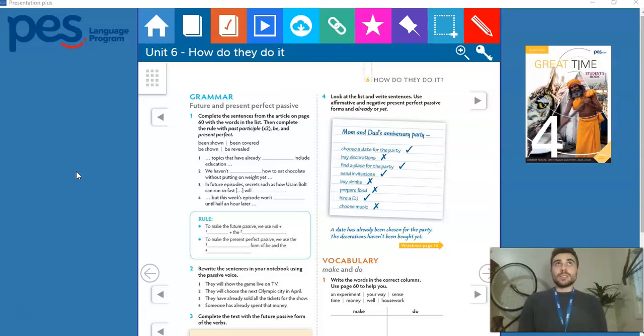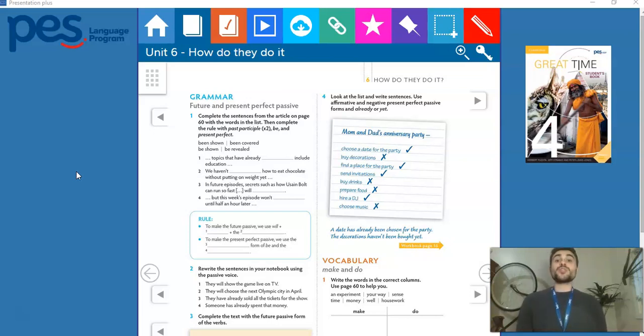This is quite a new topic, but very closely related to the first topic that we saw in the first grammar video, which was present and past passive, okay? Everything that we discussed in the concept of passive form, we will be applying now, but thinking about two different tenses, the future and the present perfect, okay?